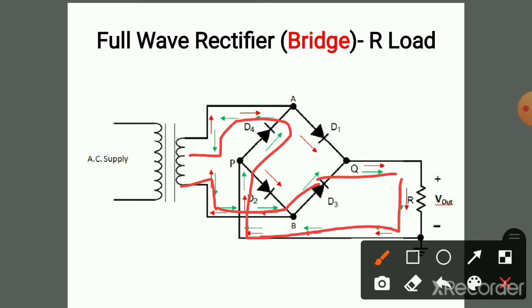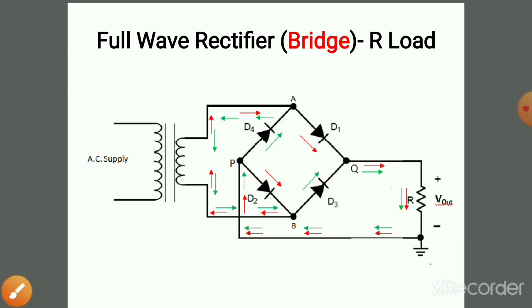I am now showing a red colored indicator, which shows the current flow during the negative half cycle. So this is how during positive as well as negative half cycles, each pair of diodes will be acting, which will contribute in transferring the power from input towards the load in both the half cycles. Okay, so that is about the working principle of the full wave bridge rectifier.